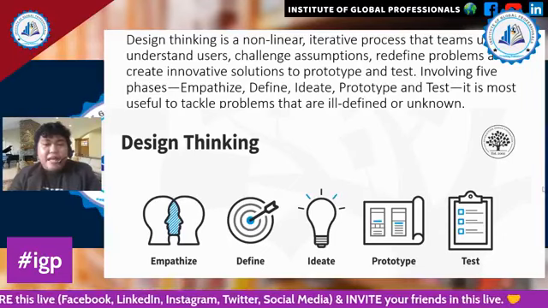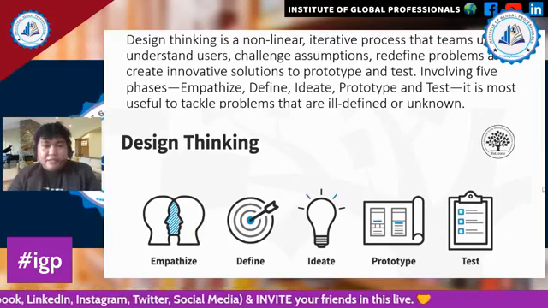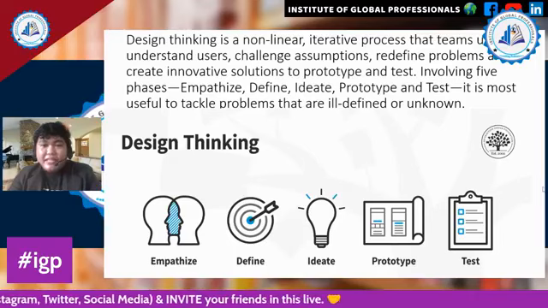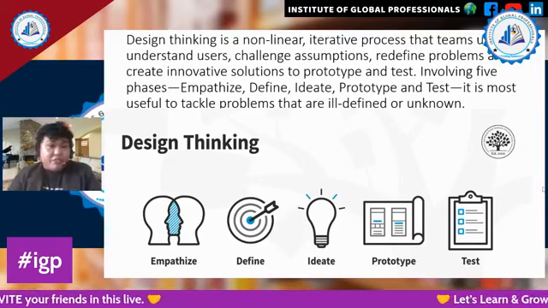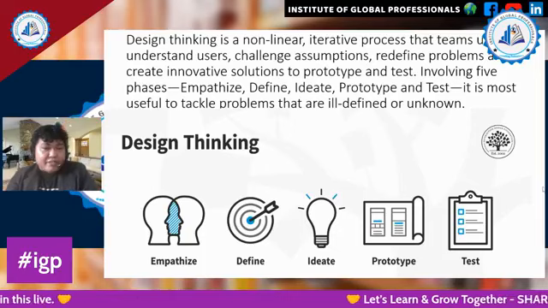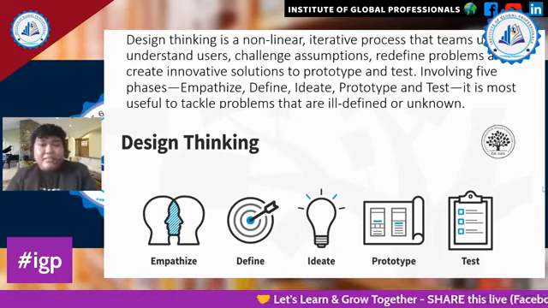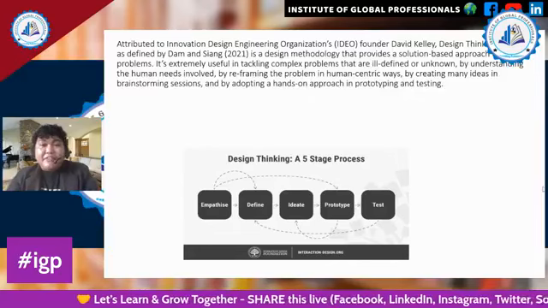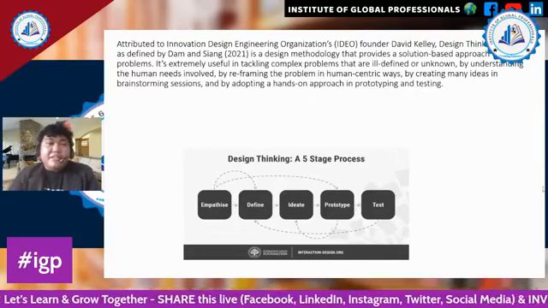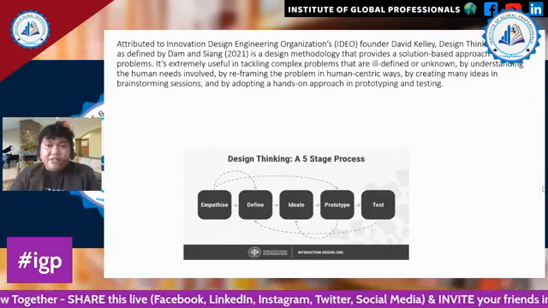So the five major steps include empathize, define, ideate, prototype, and test. After testing, and if it's already good, there is another step, which is to implement the tested prototype. This is attributed to David Kelley of the Innovation Design Engineering Organization.